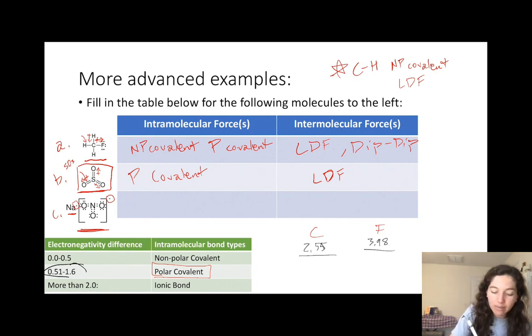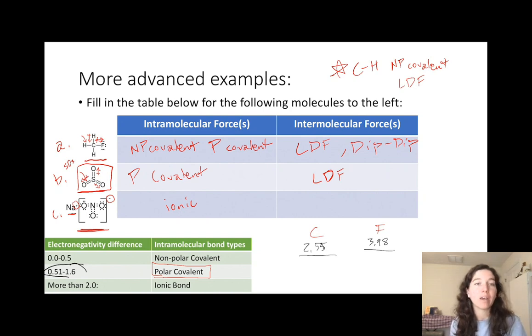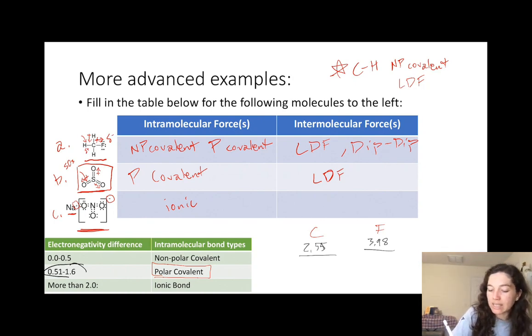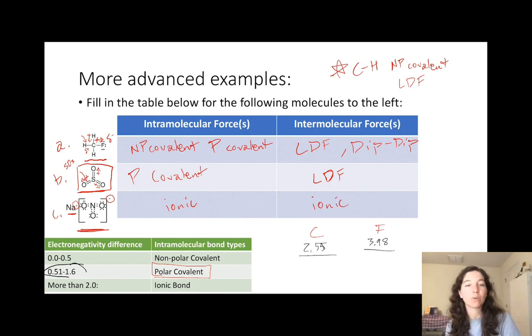The bond here is definitely ionic, and it's shown in the charges, how we have a separation of charge, a positive and a negative. In our molecular compounds, we can only have partial negatives and partial positives. You won't see full negative and full positive charges. So it stands out that this is an ionic compound, and therefore the intra and intermolecular forces are the same.